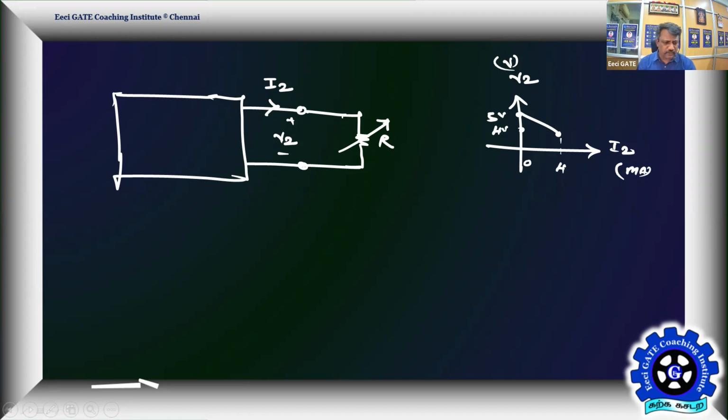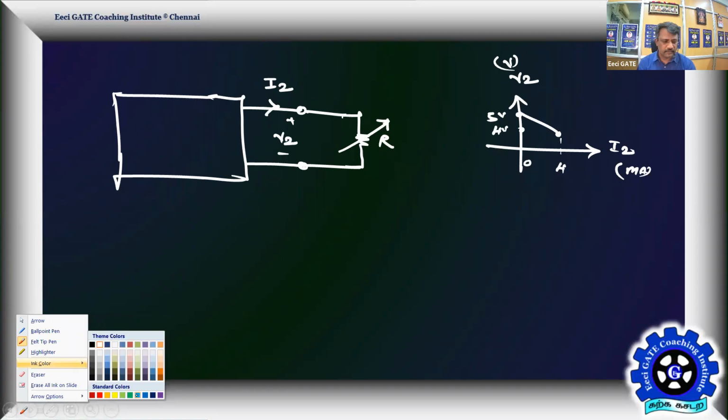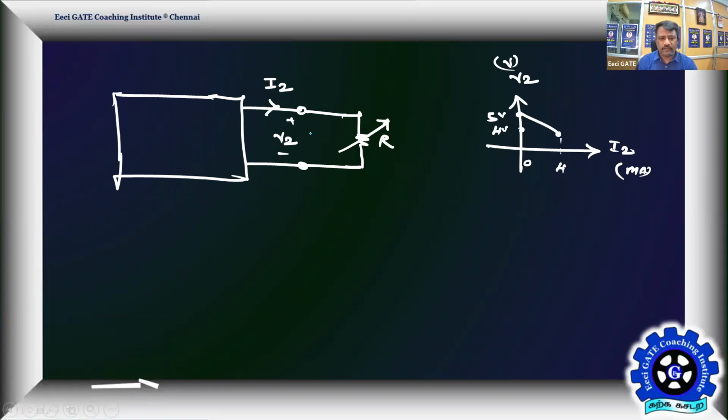What we can do is replace the entire circuit, looking from terminal A to B, as a practical source.